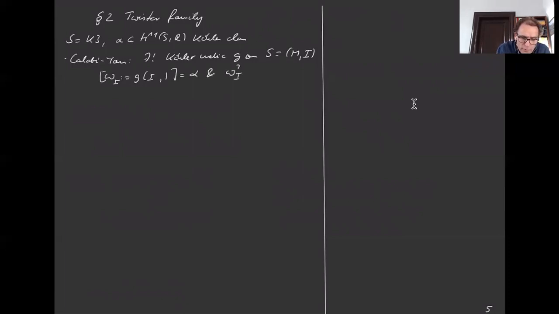Its square, which is a 4-form now, is essentially, up to a factor, sigma times sigma bar. Remember, the sigma here was one generator of the space of two-forms.